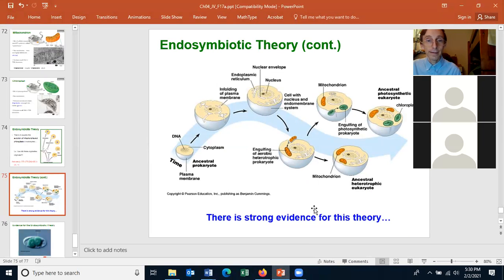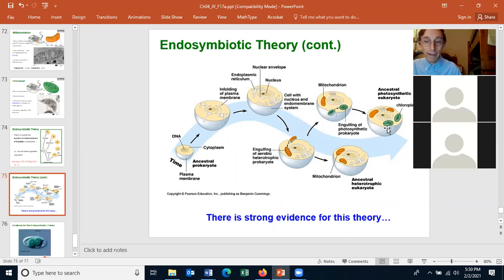What's odd is that not only did this happen one time, in plants it happened two times, meaning in plant cells, an early cell took in a bacteria which lived in symbiosis with it and became the mitochondria, and then later on the future plant cell took in a bacteria which became the chloroplast.